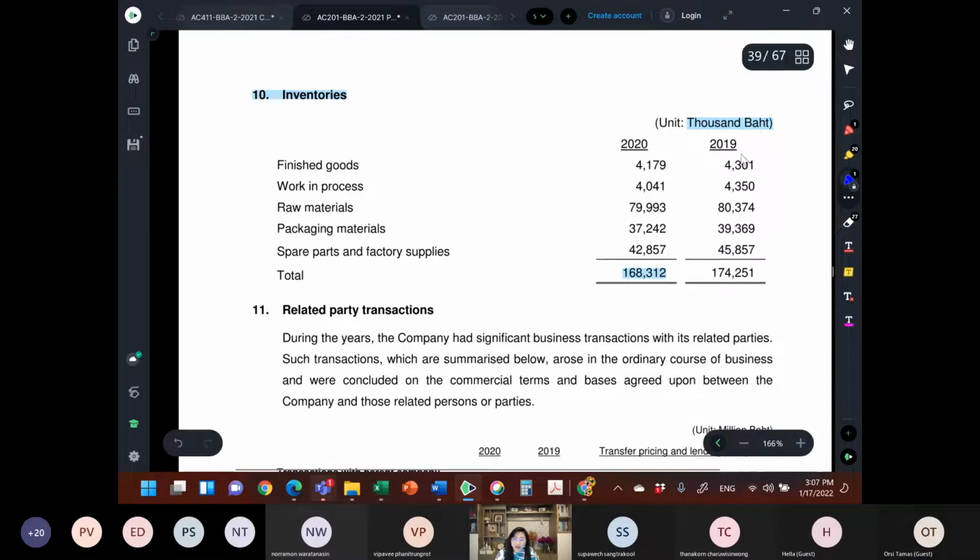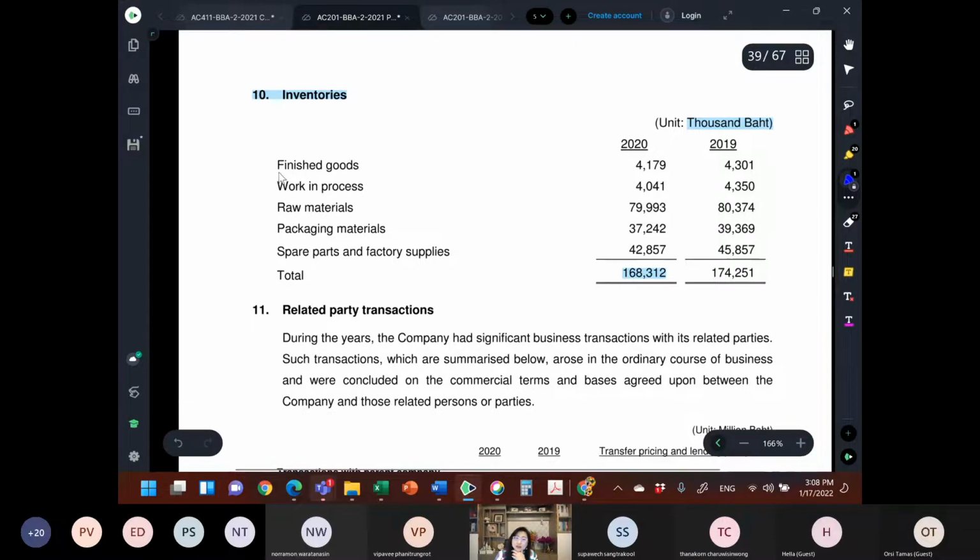So you have to be careful. This is not in baht, this is in 1,000. So the total inventory is again 168 million. You know this already from the financial statements. But what you don't know is the breakdown detail.